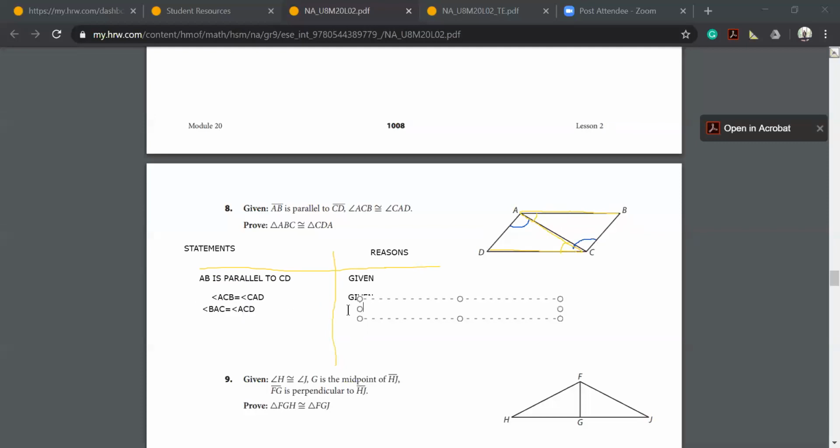Because of the alternate interior angle theorem. Very good. So here I will write that angle BAC is equal to angle ACD, because of the alternate interior angle theorem. And then what is the last thing? I proved two angles. I still have one side. So AC is equal to AC using the reflexive property.